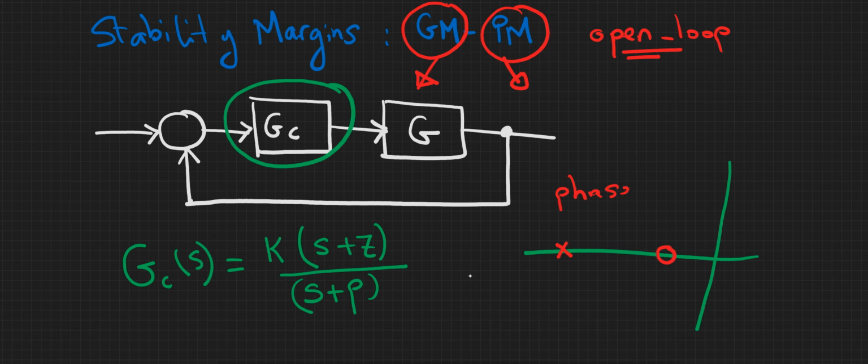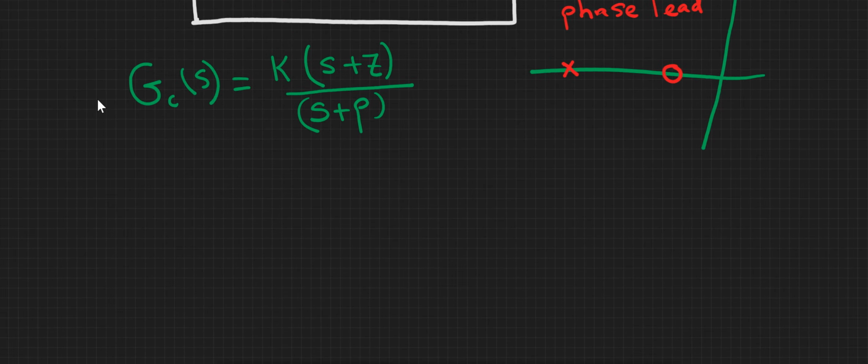If we reverse that, if we make the pole smaller than the zero, then it becomes a phase lag compensator. We will start our discussion with the phase lead compensator. So basically our zero is smaller than the pole. The value of z is smaller than the value of p.